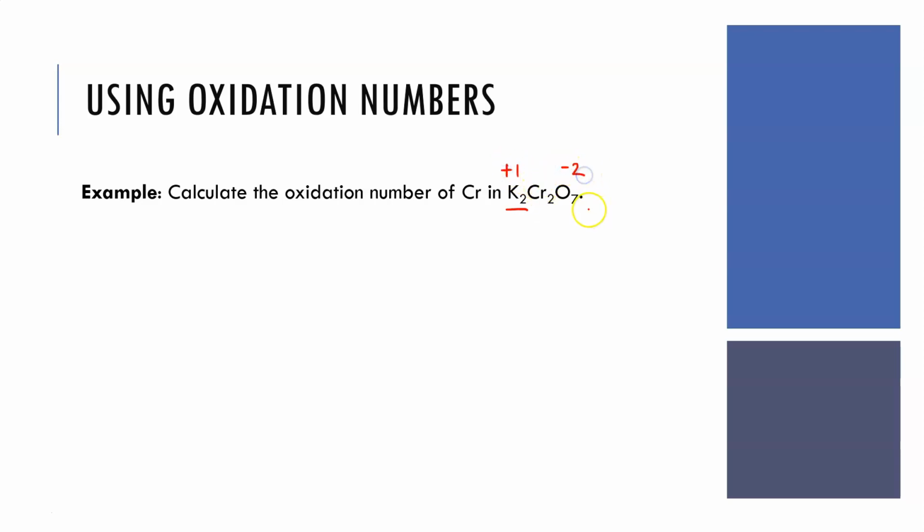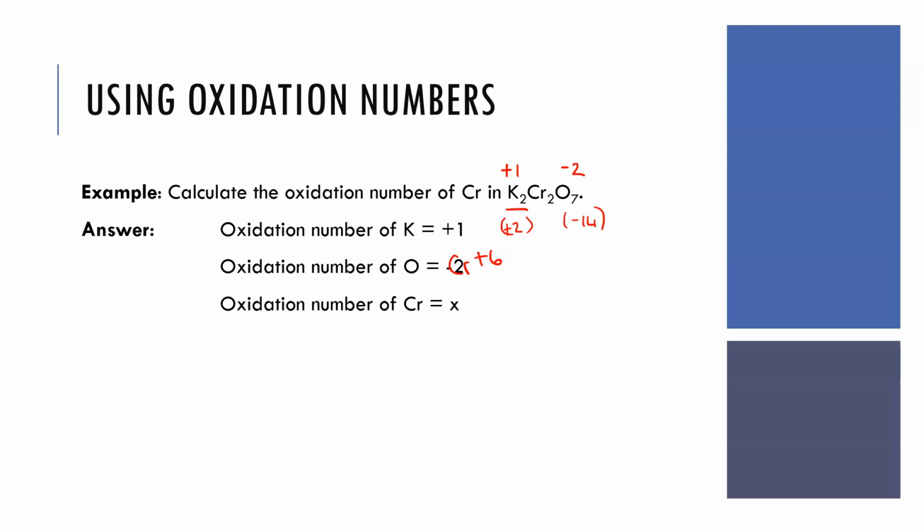Each oxygen is -2, so I have -14 being contributed by the oxygen, +2 from the potassium, so -12 overall, which means 2 chromiums need to add up to +12. The oxidation number on chromium is going to be plus 6. And if we follow the working through, that is exactly what we see. We get 2x is equal to plus 12, so the oxidation number on chromium is plus 6.